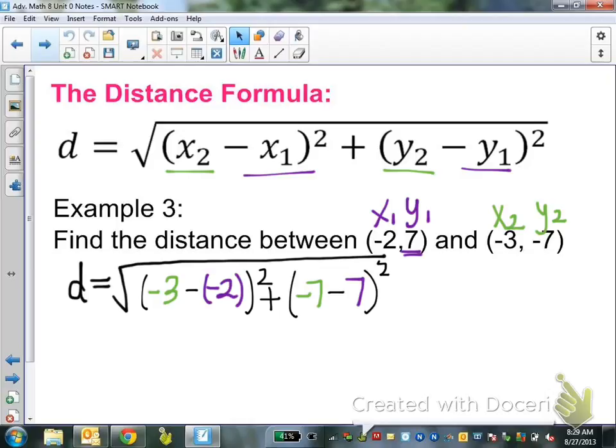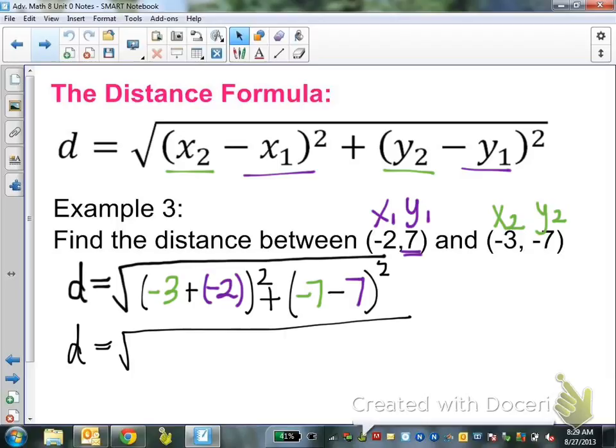Order of operations tells us that we have to do inside parentheses first, correct? So let's take a look at inside both of our parentheses. Distance equals, make your big square root again. Okay, guys, -3 minus -2. I have minus and negative, so what happens there?